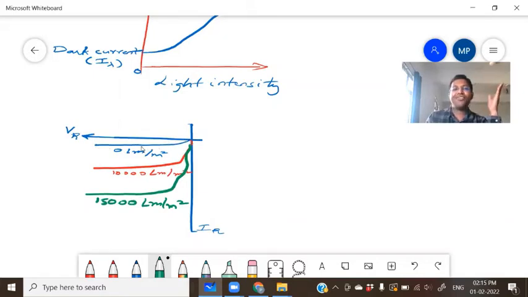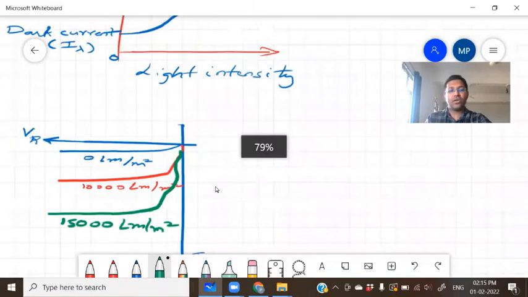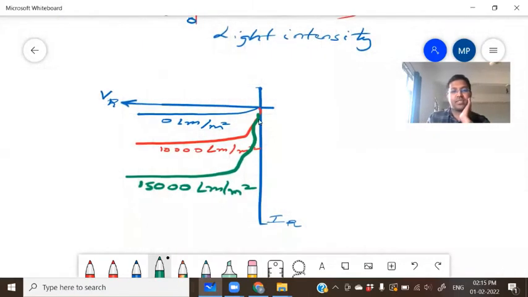When you don't give any light, 0 lumen per meter square, the photodiode simply follows the characteristics of an ordinary PN junction diode.